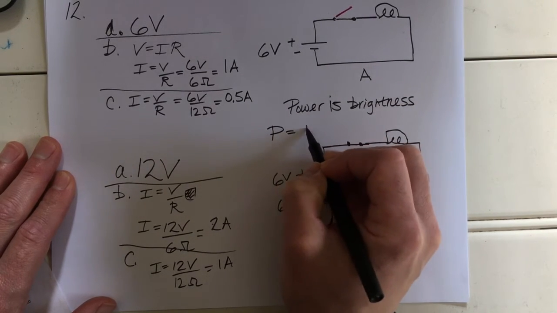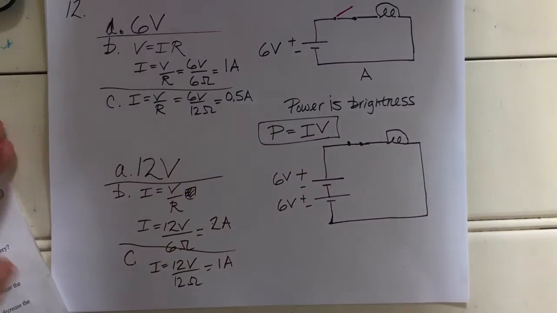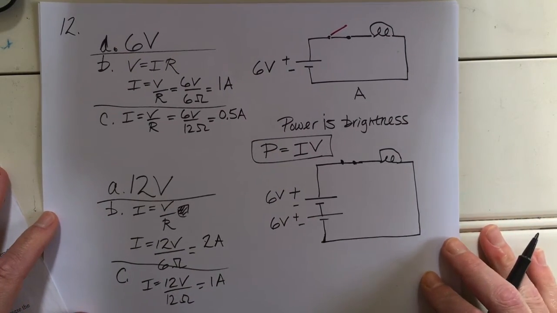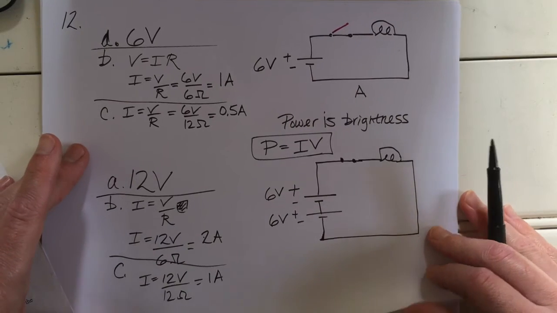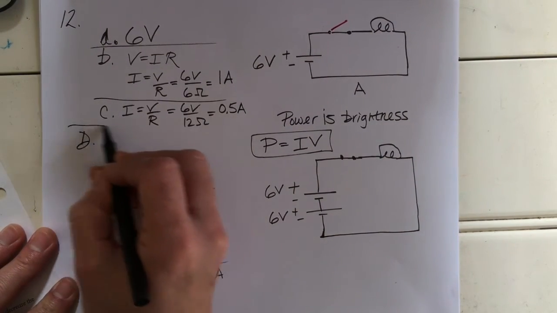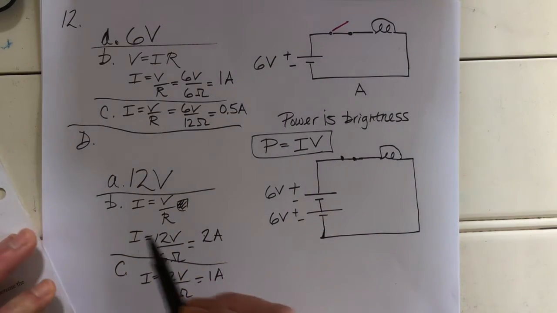P equals IV is our formula for power. If we want to know which bulb is brighter, we just use this formula and solve. That's actually a more interesting question than just that, but I'll talk about power next week a little bit more.